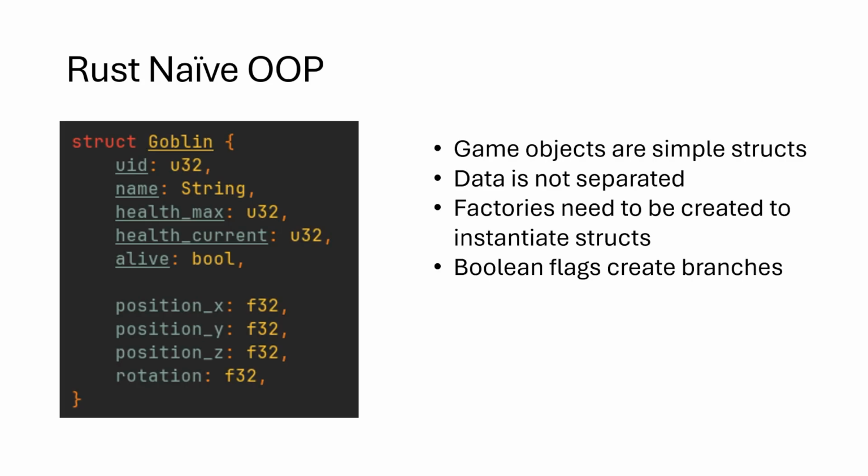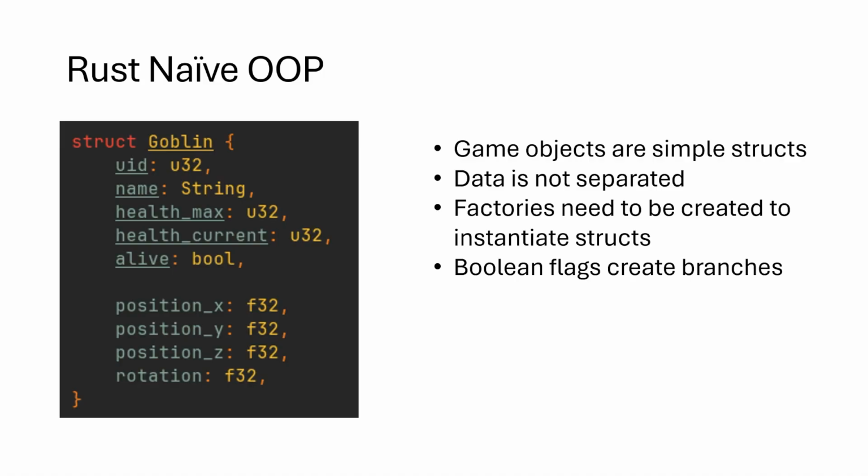So with the Rust programming language, if we were to create an object-oriented game object in Rust, we have this example here of a goblin, and this is the most naive approach I could think of, which is you basically just stuff all of its data into fields in a struct. So we have its UID, that is a unique identifier that allows you to interact with it directly.